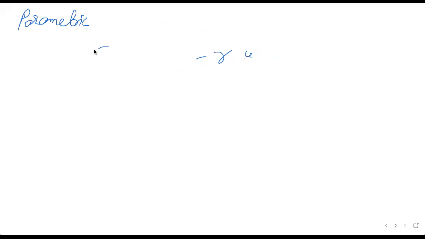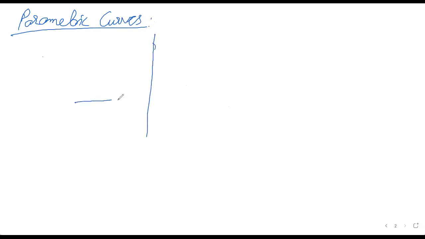So the next concept we have is parametric curves. Parametric curves. The idea is simple. Suppose here, what is the curve? You know, here you have some rectangle, or I told you that you need not always take a rectangle.